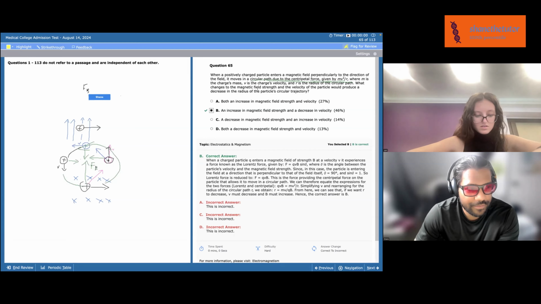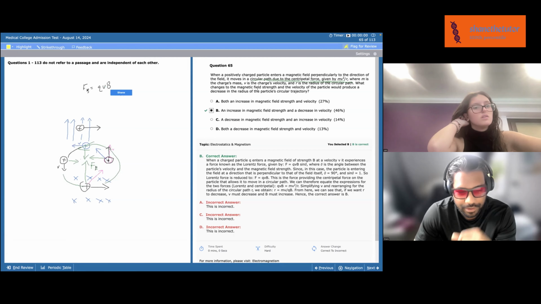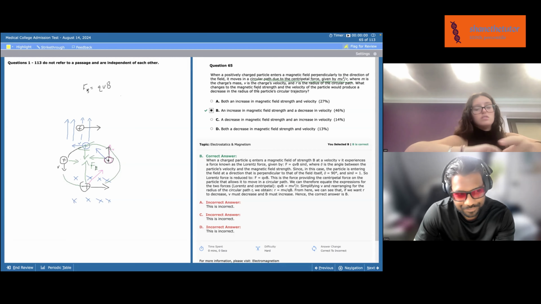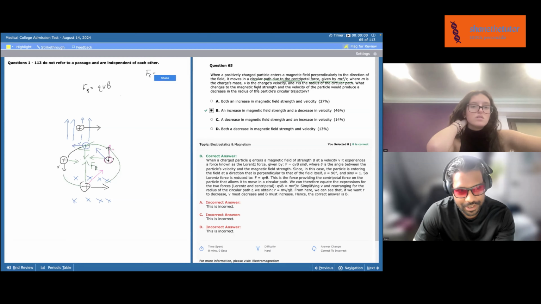Magnetic force is going to be QVB, with Q being the charge, V being the velocity, capital B being the magnetic field. And centripetal force, which they're telling us is mv squared over r, they're going to be equal to each other.